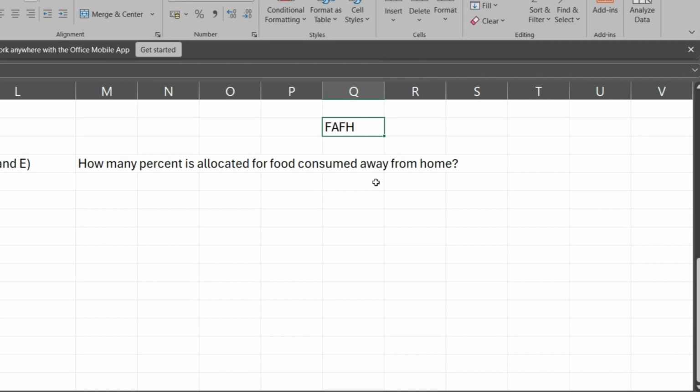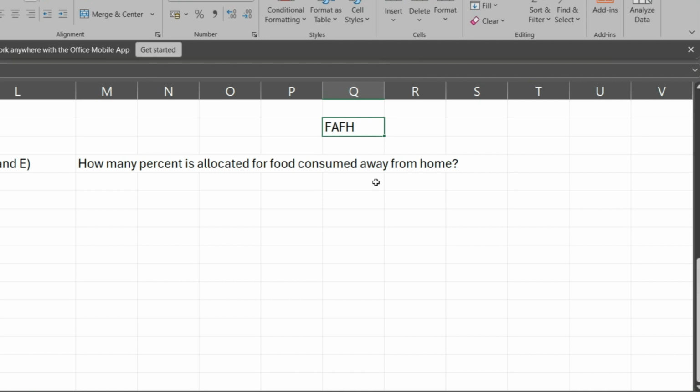It's actually, food away from home comprises about 35% of the total food expenditures. Okay? But if you compare food to the total, it's about 10% or something like that.